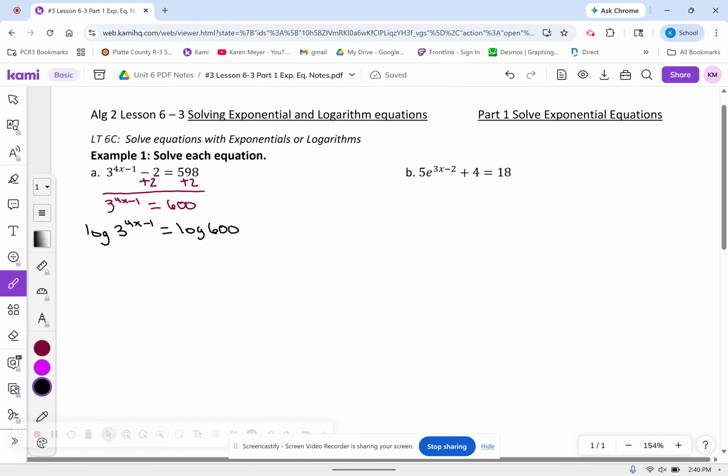And then I can use my property rule that says I'm going to take my exponent and move it out in front of my log. When I do that, I'm going to put the exponent in parentheses and put it out in front of my log.